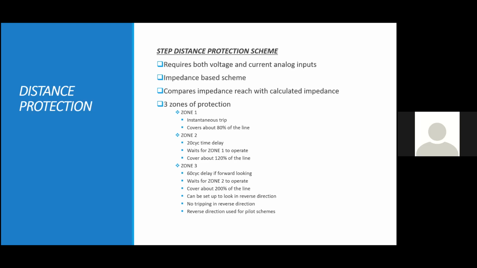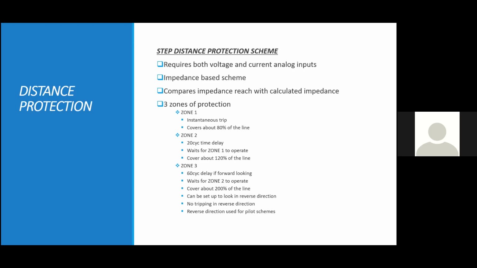Zone 3, we can use in multiple ways actually. Zone 3 can be looking in the forward direction, or in the direction of the transmission line, or it can be looking in the reverse direction, away from the transmission line. So it depends in which way you want to use this zone 3 element.